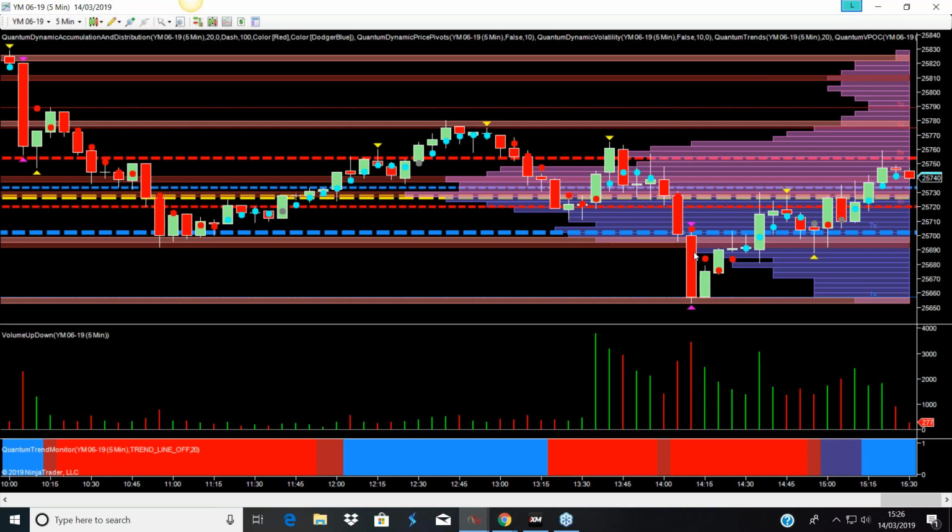So yes, we have this really nice sort of VPA configuration of nice candles, rising volume, but because you have volatility suddenly injected into the market for whatever reason, and with volatility also comes this momentum.